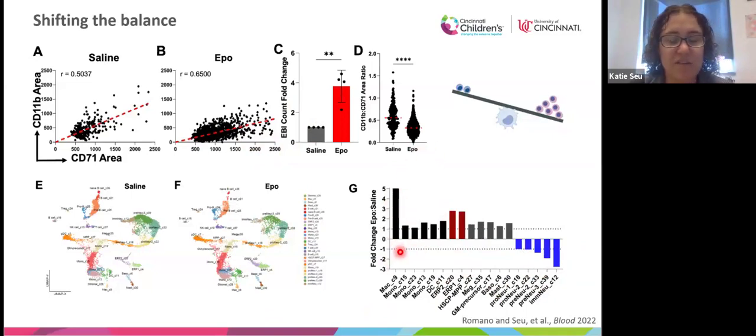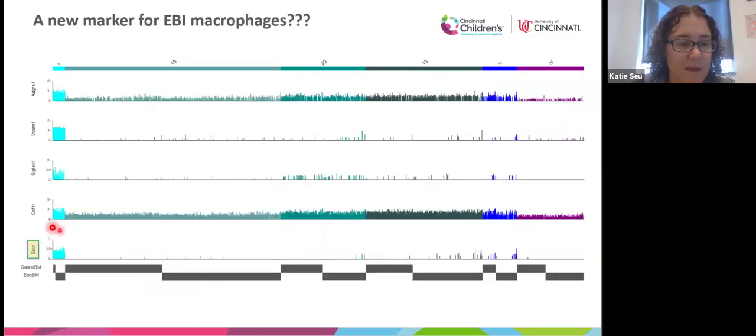And so this now gave us a tool to go in and look and see what other things these erythroblastic island macrophages are expressing. And using our transcriptomic data and a variety of other things, we identified that the erythroblastic island macrophages very specifically express SPICE.